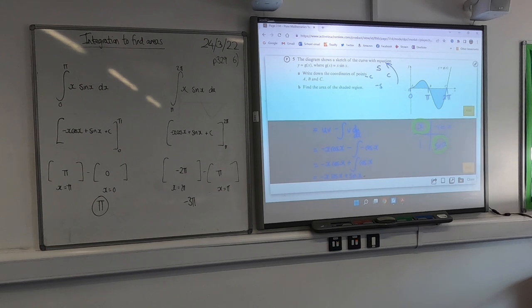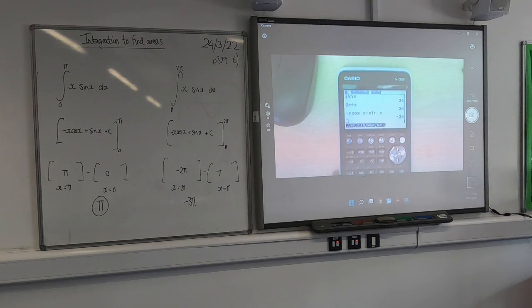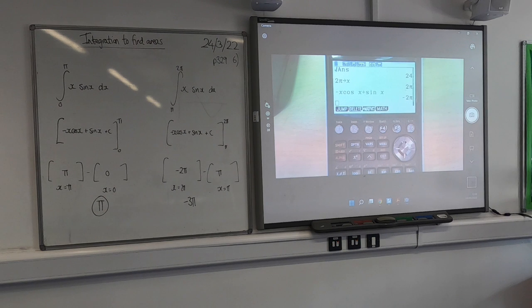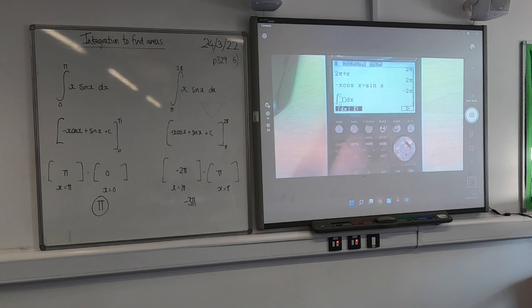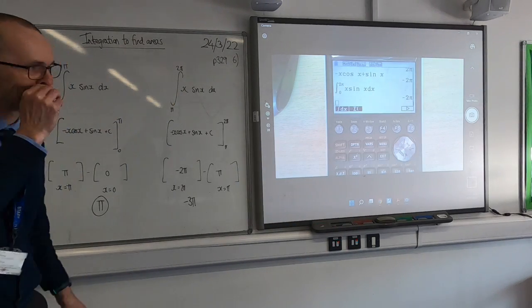button on the calculator. So you may remember we've got this great button on the calculator that will work out integration for us. Not allowed to use it to solve problems in the way that we can use it to solve quadratics, but I go to math, arrow is there. So if I type in the problem as it is in its entirety, so it's x sine x between 0 and 2 pi, this is not going to give me the correct answer, because it just does pi take away 3 pi, which is minus 2 pi.